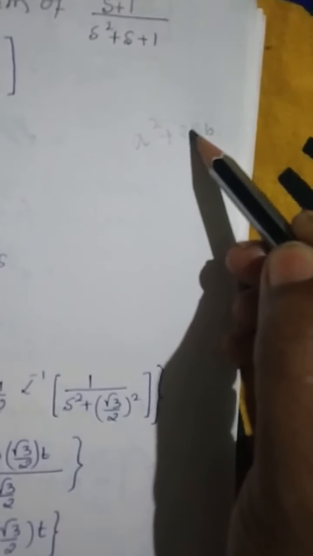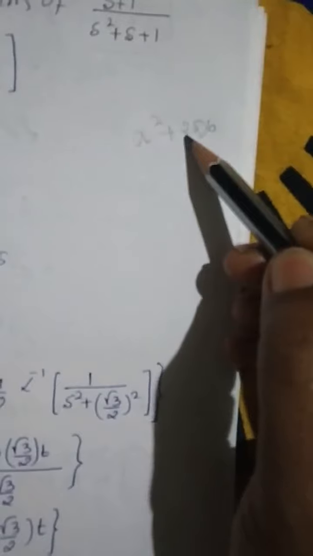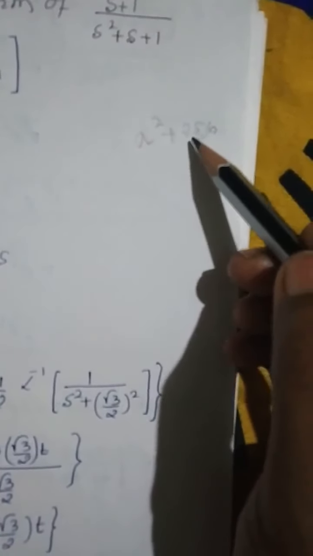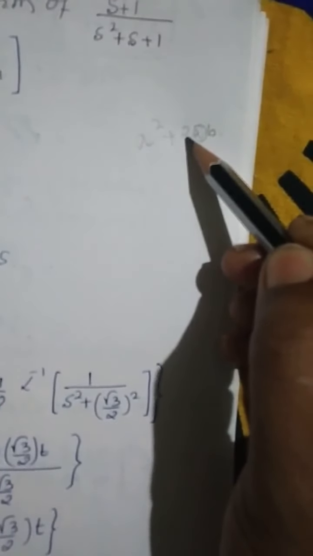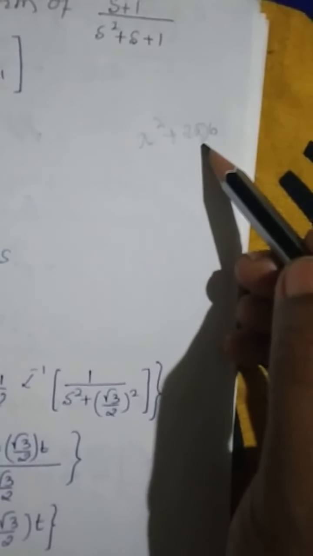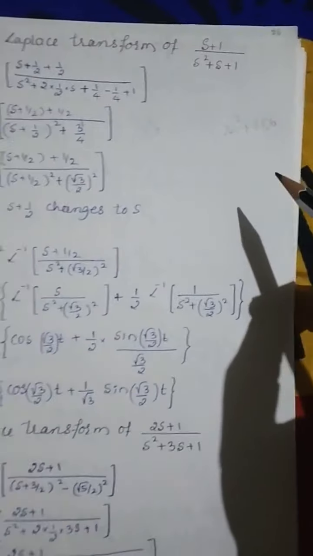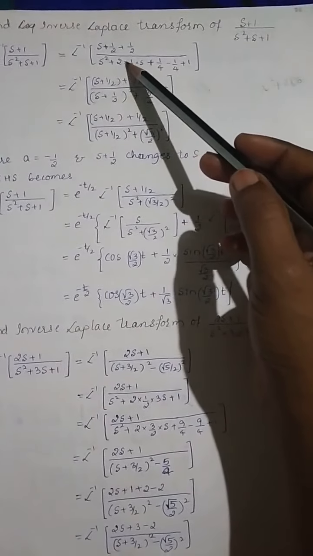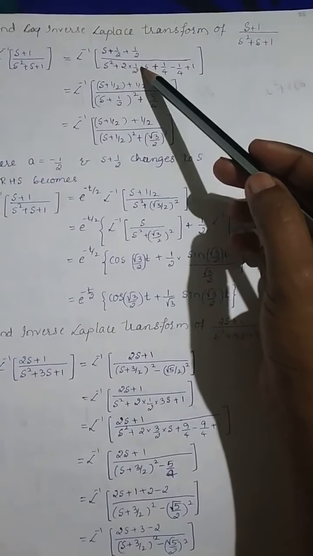Means a we already know, that is s. We want 2b here. Okay, 2 I want, therefore I have multiplied by 2, and therefore I have divided by 2.